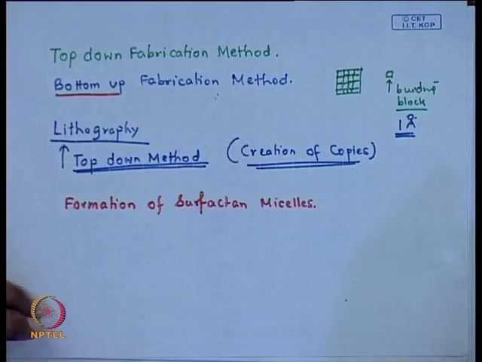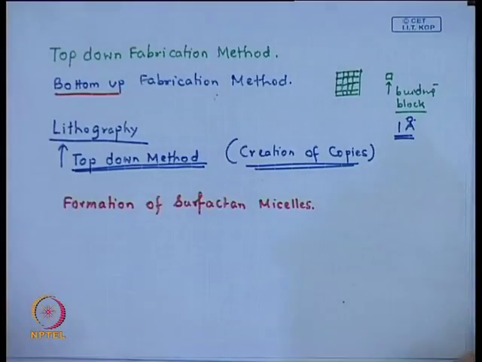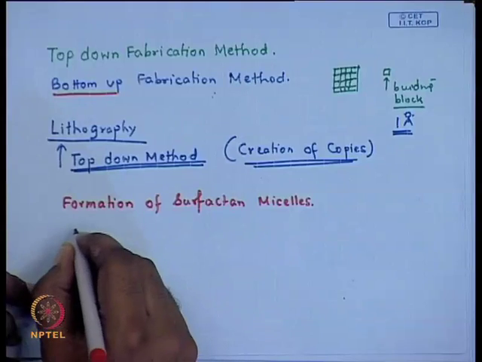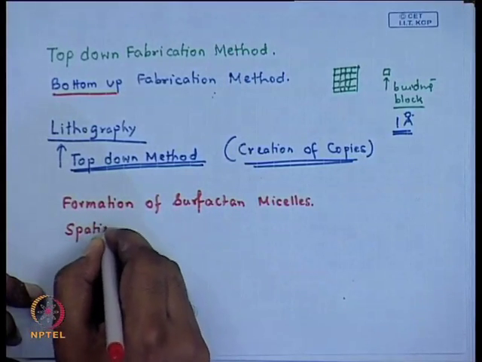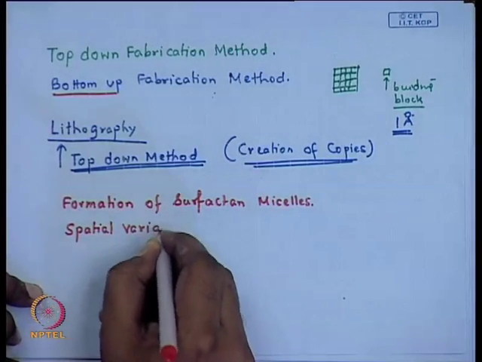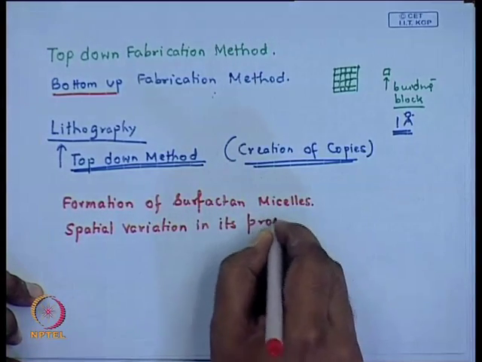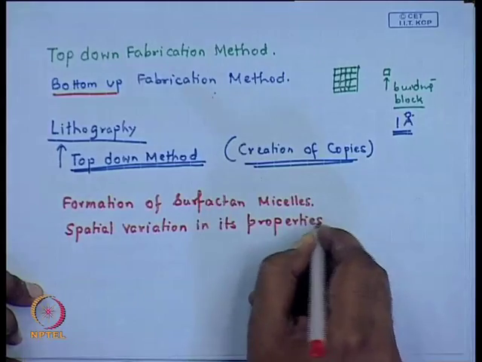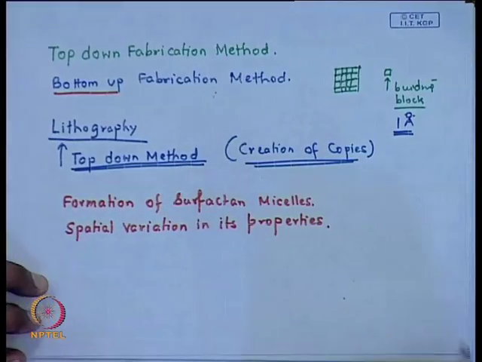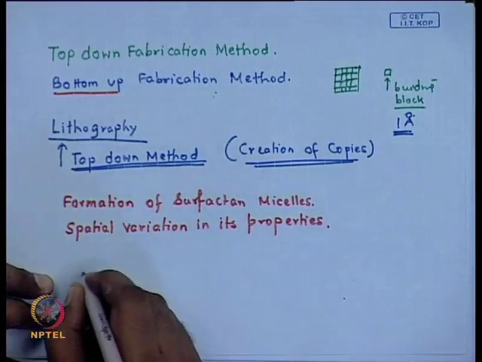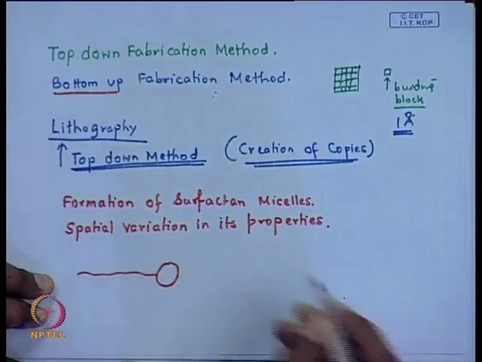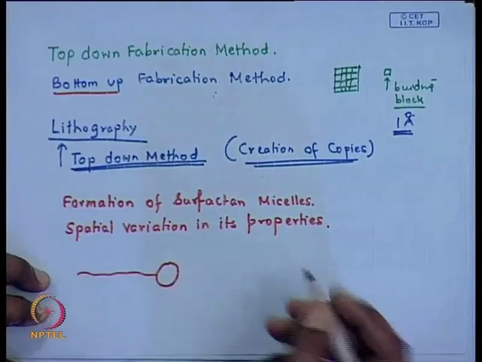As compared to other molecules which are chemically uniform at the molecular level, a surfactant molecule is a special class of molecule which has spatial variation in its properties. Please remember that I am giving you an extremely simple view of a surfactant molecule. I am not touching upon the chemistry; anybody who is more interested can look into it.